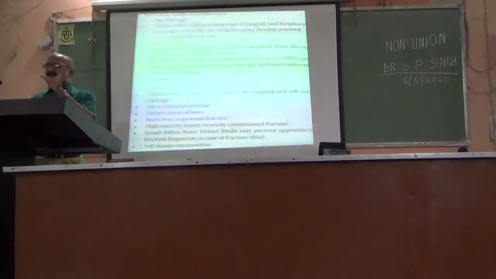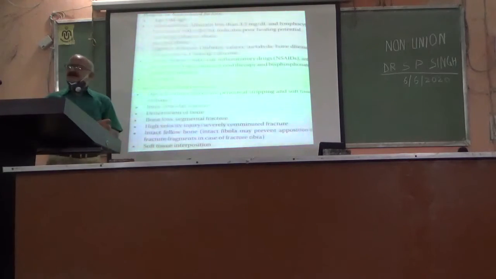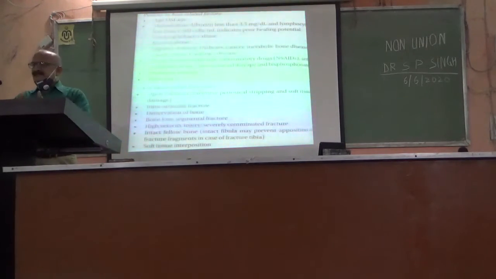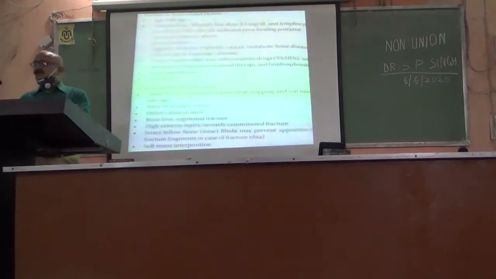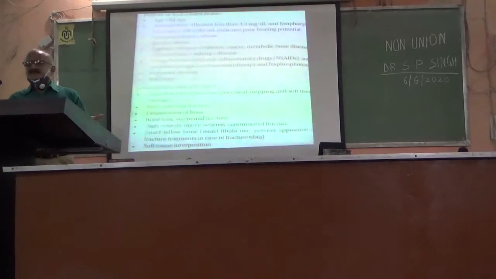The bone has tried, mother nature has tried every bit to unite the fracture. Because of some reason, some problem somewhere, which I'll come to now, there has not been proper union. So what will happen? Mother nature has failed. The process of inflammation has gone to dogs, khatam ho gaya. If there is no process of inflammation, where will you find pain or tenderness?